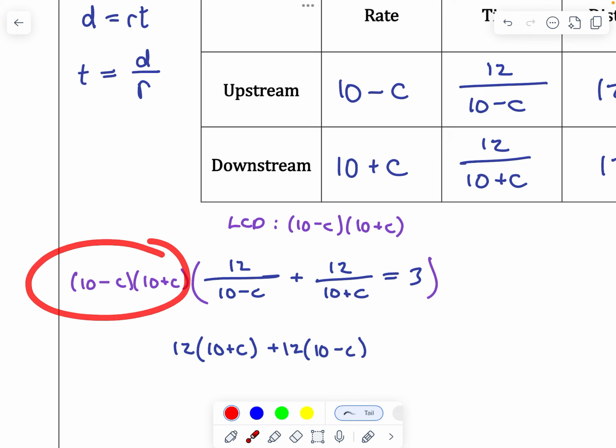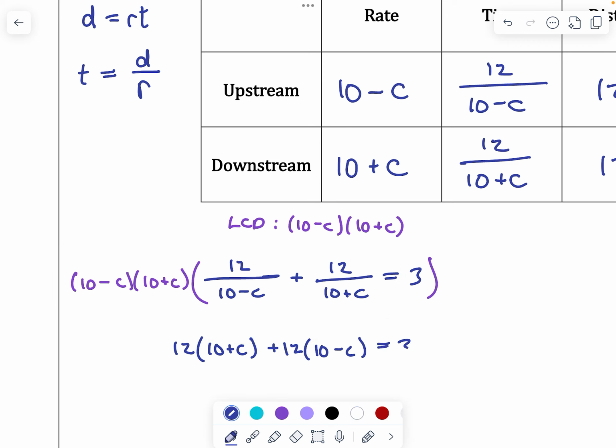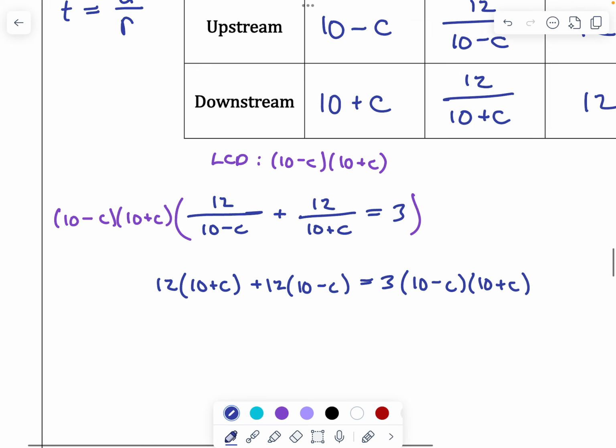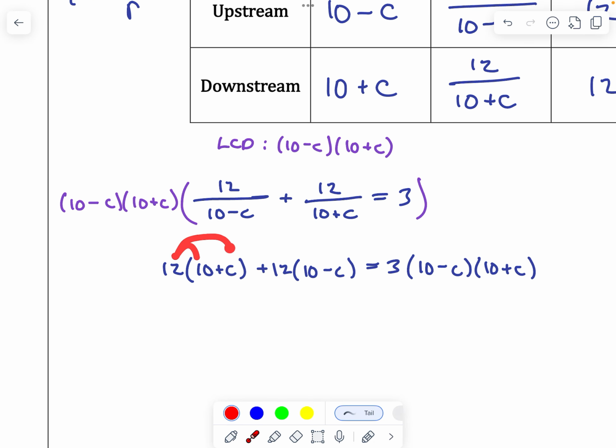However, when I multiply the LCD to that 3, there's nothing to cancel out with, so we get the whole thing. 3 times 10 minus c times 10 plus c. All right, we need to distribute this, distribute that. Make sure you FOIL this over here.